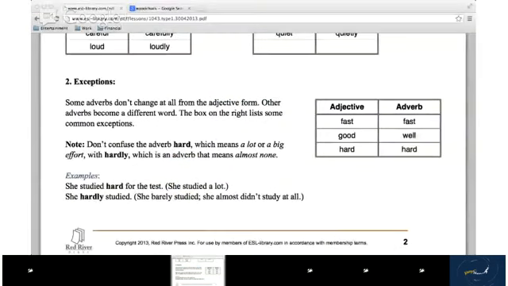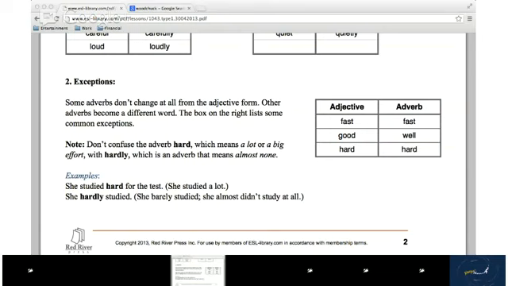Exceptions. Some adverbs don't change at all from the adjective form. Others become a different word. The box on the right lists some common exceptions. Note: don't confuse the adverb hard, which means a lot or a big effort, with hardly, which is an adverb that means almost none.